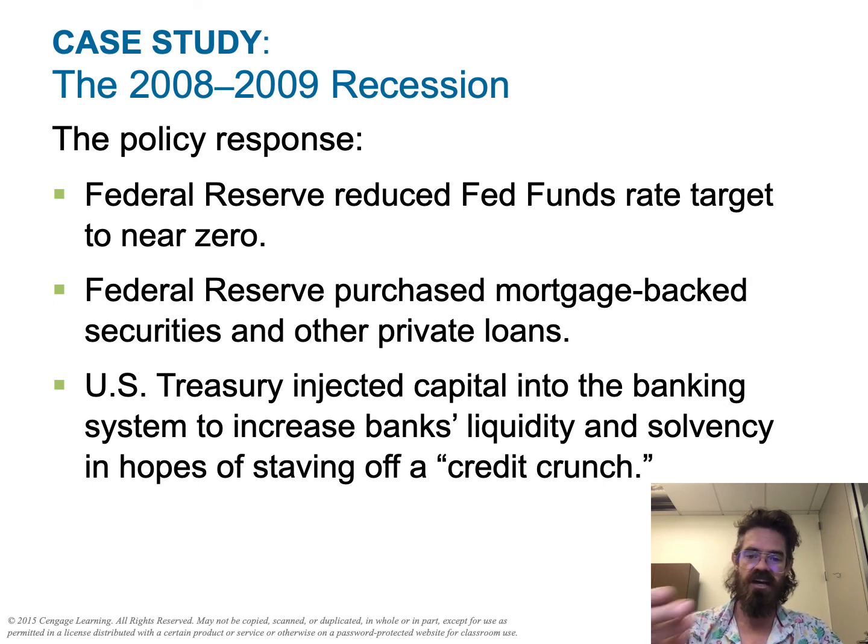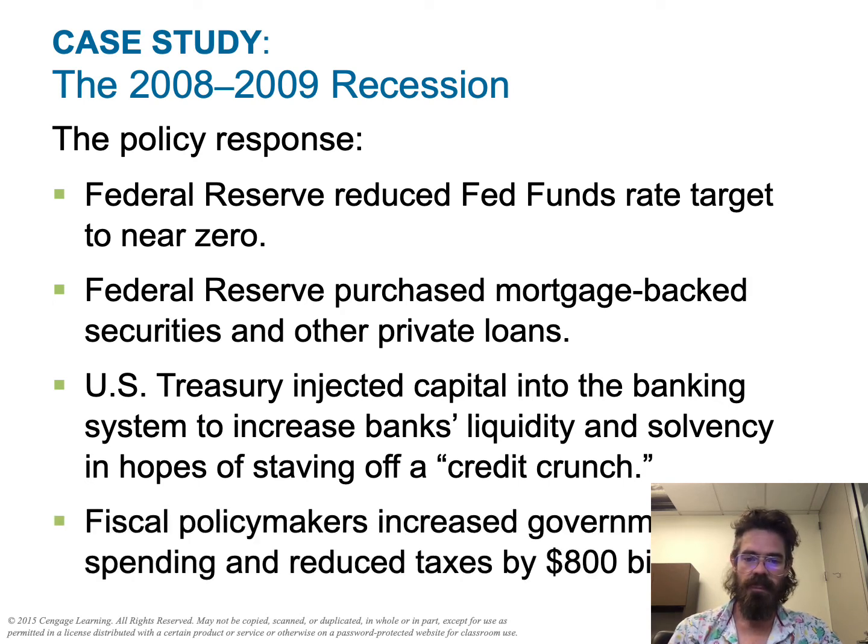And so this actually helped the Federal Reserve Bank policy response, because if these banks failed, the Fed's response would not have much of an impact. So that actually helped boost the Fed's response. And then on top of that, Congress voted to increase government spending and reduce taxes. Okay, so this is the topic of the next chapter that we're going to look at: how these policy responses work.